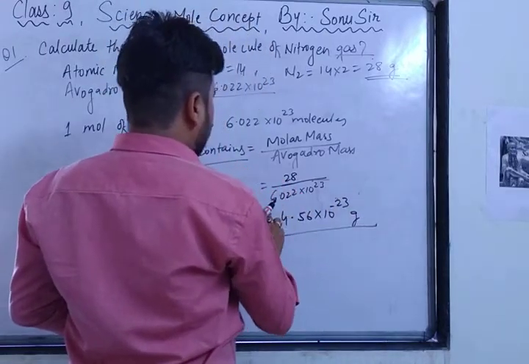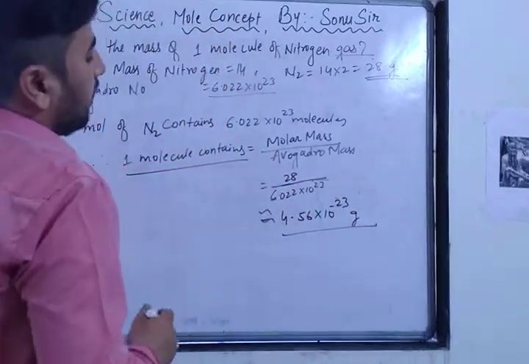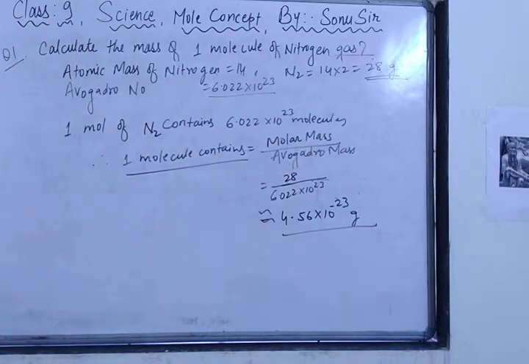If there are any changes, you can check with your calculator. If it varies a little bit, not an issue, but you should know the concept of how to calculate. So as I have written here, calculate the mass of one molecule of nitrogen gas. Atomic mass of nitrogen is 14. N2 is equal to 14 into 2, which is 28 gram.